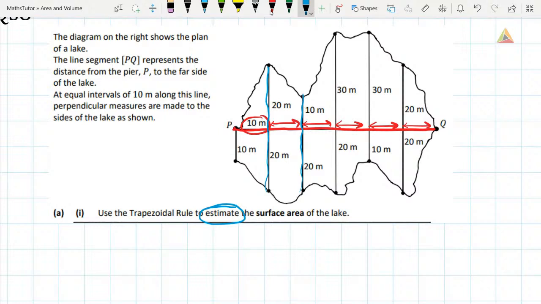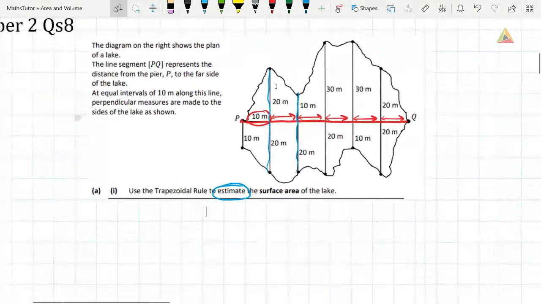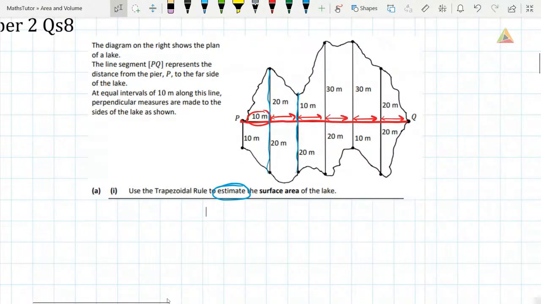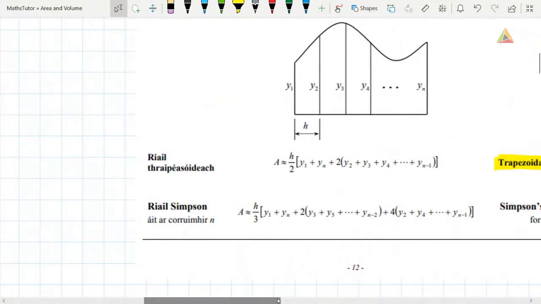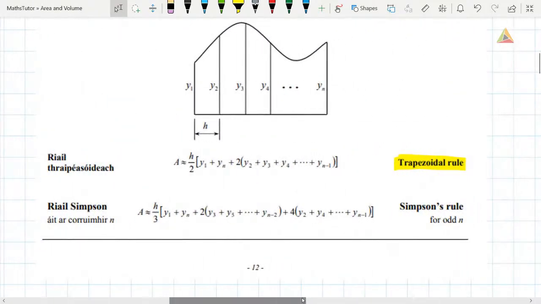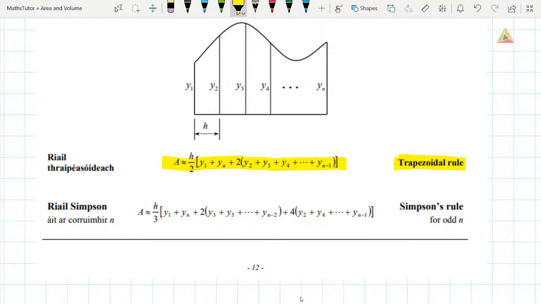To use the trapezoidal rule, the first thing we have to do is get the actual rule, which is in our tables. Page 12 of our tables has the trapezoidal rule. They've given a picture of an irregular shape, and then the formula. It says the area is approximately equal to.